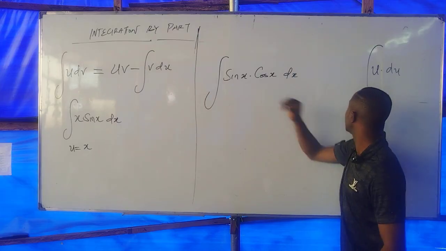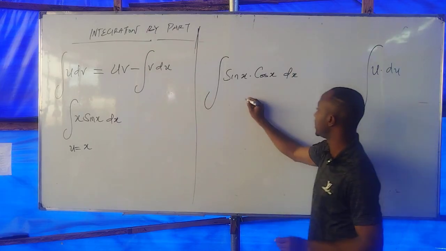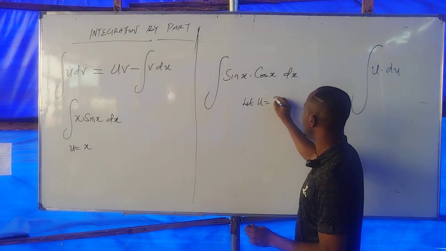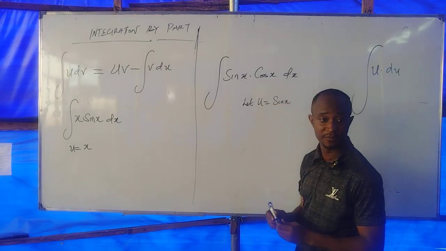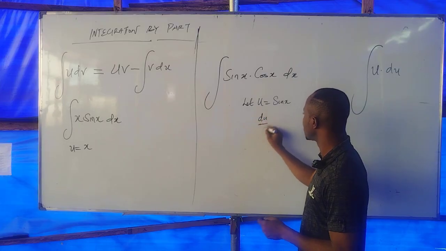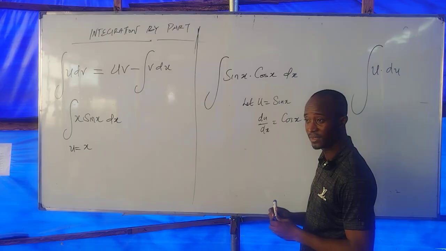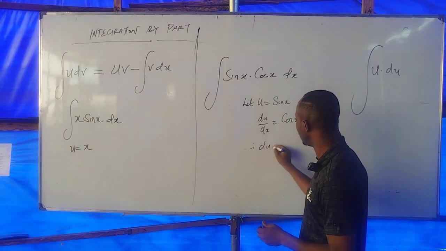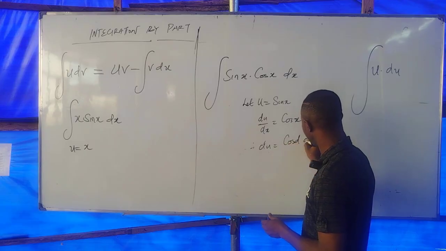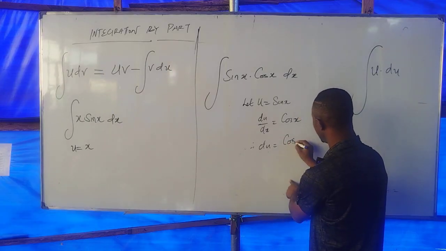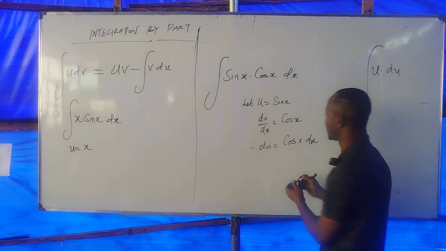For this, I have to say let u equal sine x, then du/dx gives us cos x. That means my du equals cos x dx.